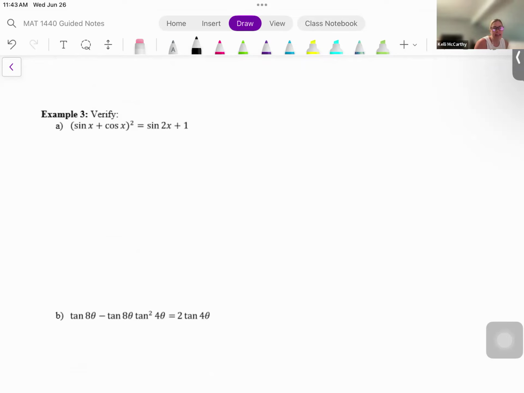Verify that (sine x plus cosine x) squared is equal to sine of 2x plus 1. We're going to modify the left-hand side by FOILing. I'm going to write this out twice just because I think it helps us to see how we're going to FOIL.